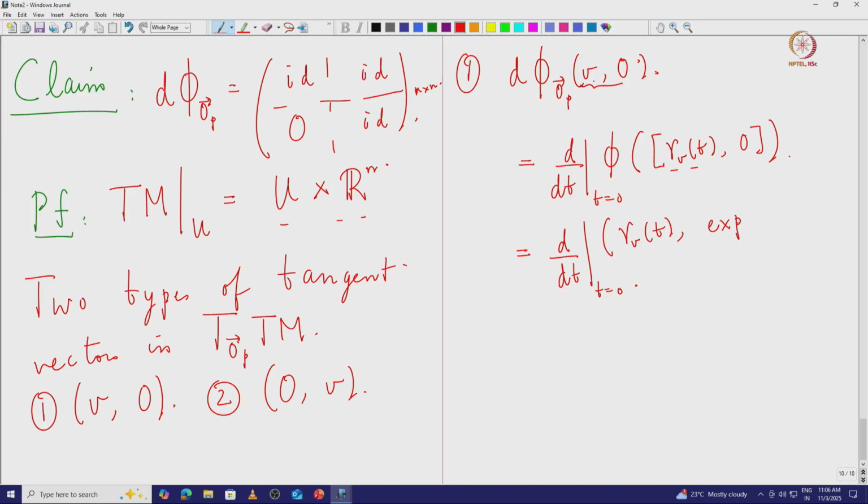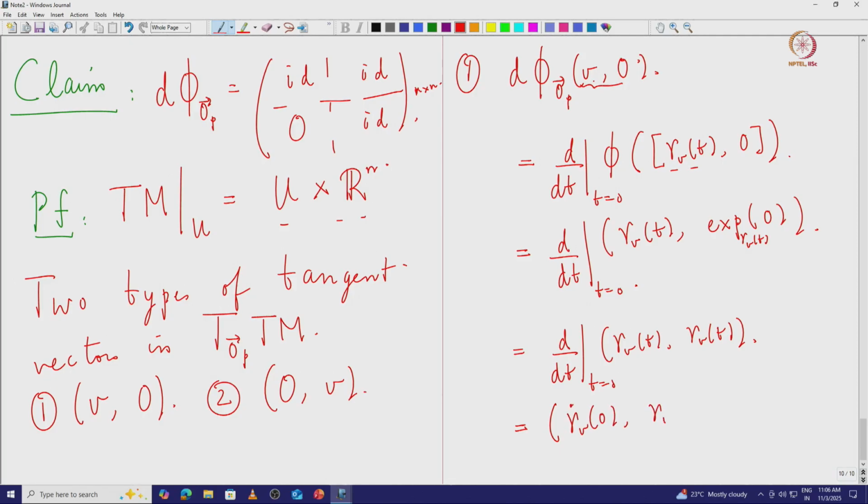The second component is given by the exponential map acting on 0 at gamma_v(t), which by definition is simply (gamma_v(t), gamma_v(t)), which is simply (gamma_v'(0), gamma_v'(0)), which is simply (v, v).